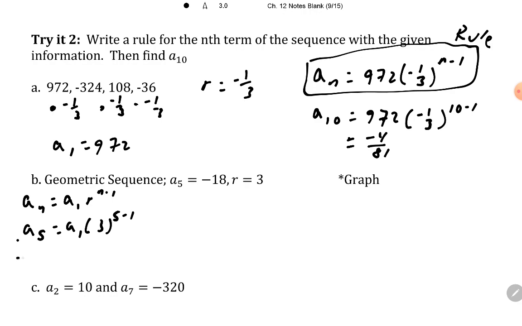A sub 5, they told us, is negative 18. And 3 to the 4th power is 81. Divide both sides by 81, and we'll get a1 equals negative 18 over 81, which reduces to negative 2 over 9.